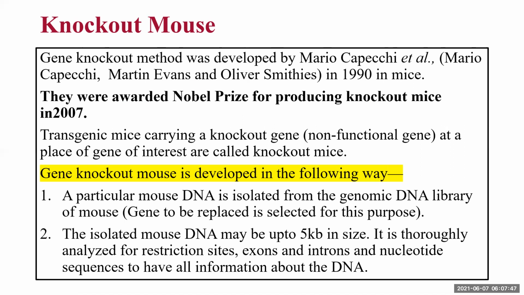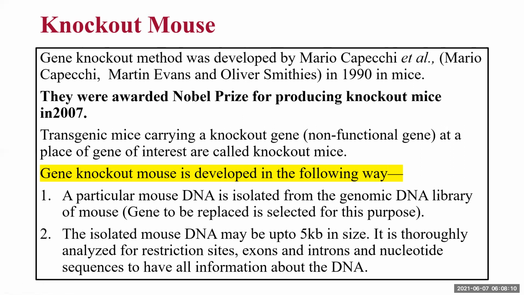So a particular mouse DNA is isolated from the genomic DNA library of mouse. The isolated mouse DNA may be up to 5 kb in size. It is thoroughly analyzed for restriction sites, exons, introns, and nucleotide sequence, to have all information about the DNA.